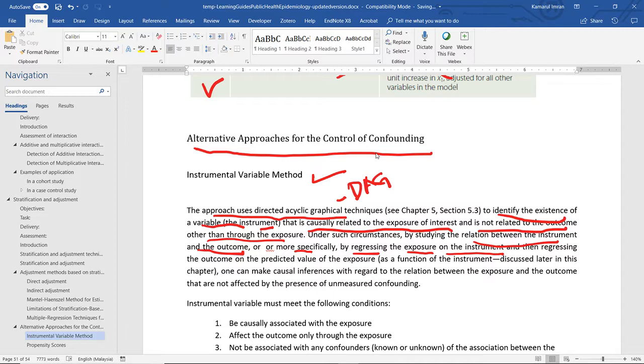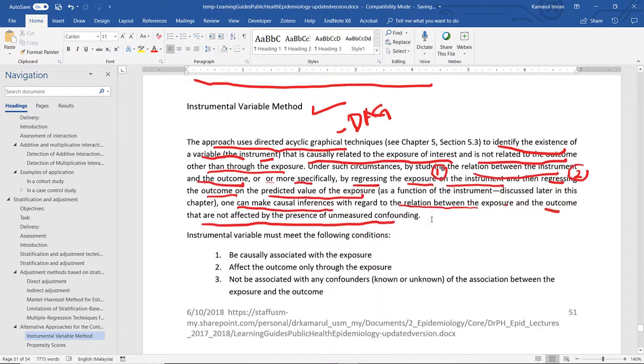Step number 2 is regressing the outcome on the predicted value of the exposure. One can then make causal inferences about the relation between the exposure and the outcome that are not affected by the presence of unmeasured confounding. I know it is hard, so it is best if you go back to the text and read more to understand it.